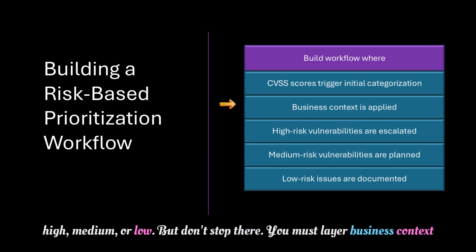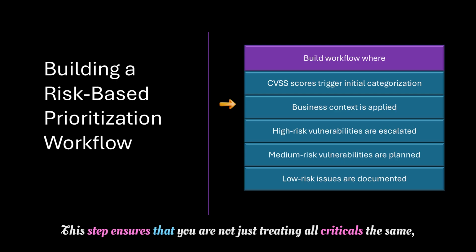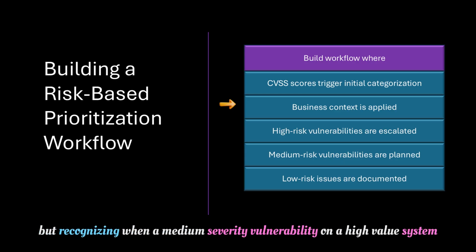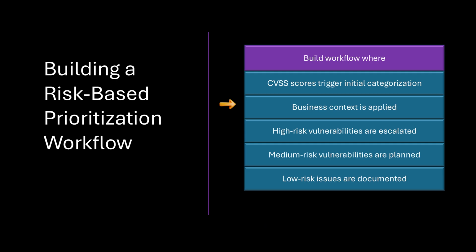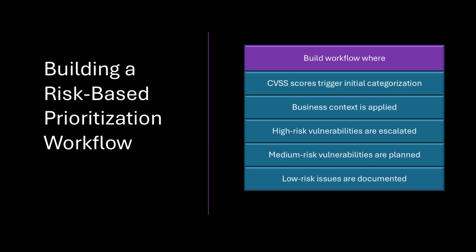You must layer business context into the workflow by applying asset classification and enriching your analysis with threat intelligence. This step ensures that you are not just treating all criticals the same, but recognizing when a medium severity vulnerability on a high-value system is actually more urgent than a critical one on a test server.